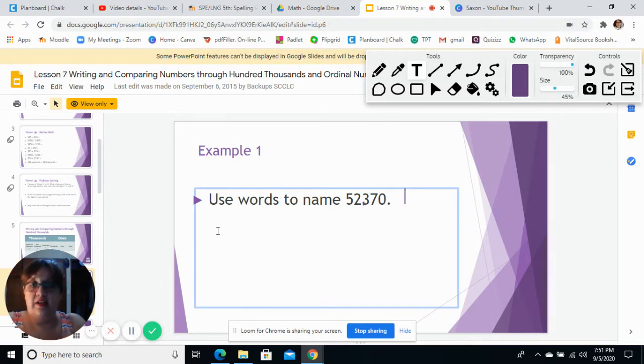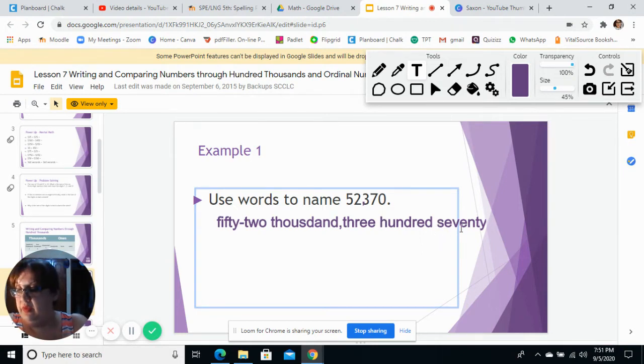Let's try it and write it out, okay? 52, remember we need to write our dash, 52,000, and that's where our comma goes, just like it does in the number, okay? 52,000. 370. 52,370.